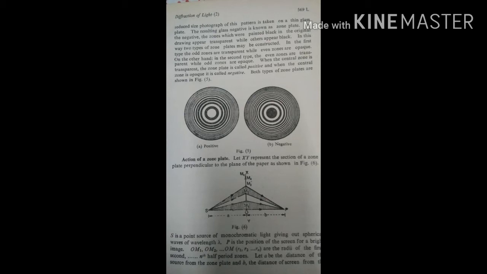the zone plate. The position of the screen is such that there is an increasing path difference of lambda by 2 from one zone to the next zone. That is, SM1 plus M1P equals SO plus OP plus lambda by 2, that is a plus b plus lambda by 2.